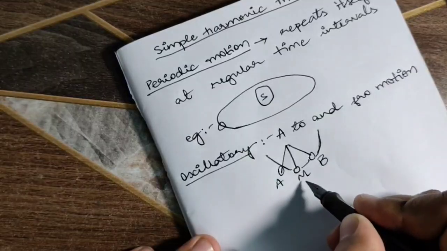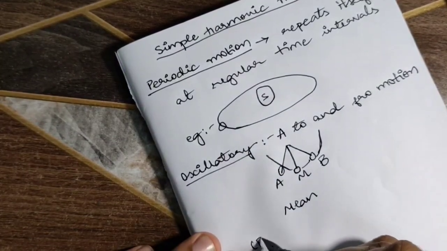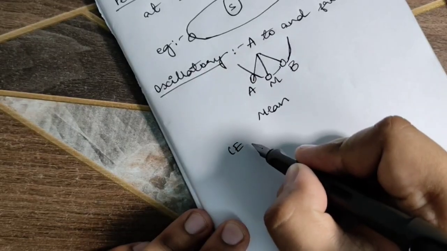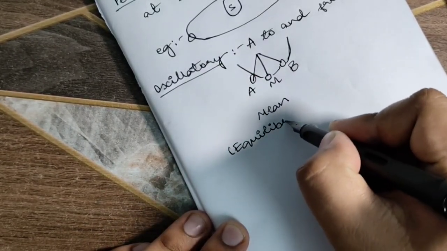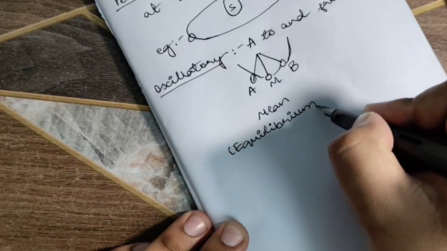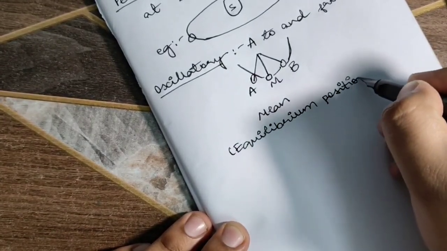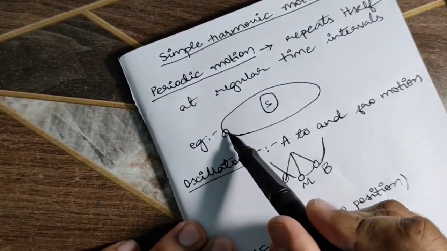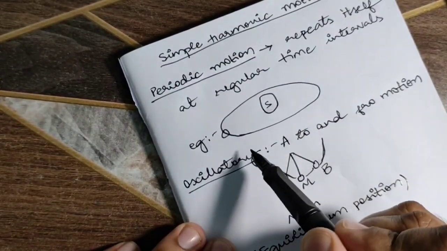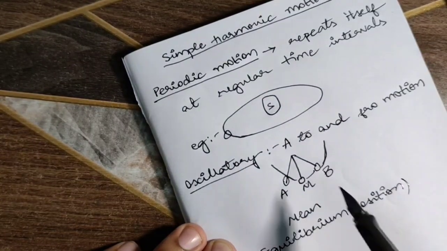There is a mean position or equilibrium position present, which was not present in periodic motion, such as the motion of the planets around the sun. There is no equilibrium position here like we had in the oscillatory motion.